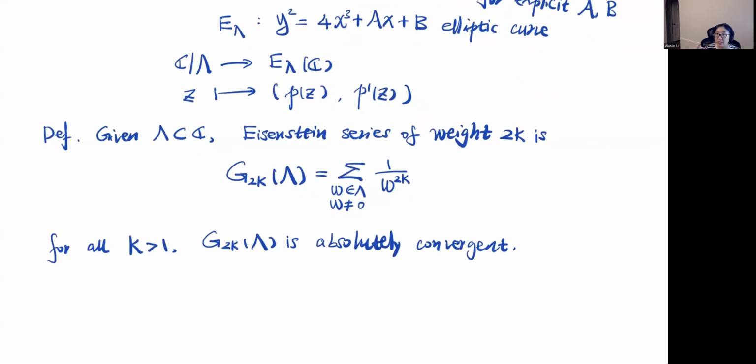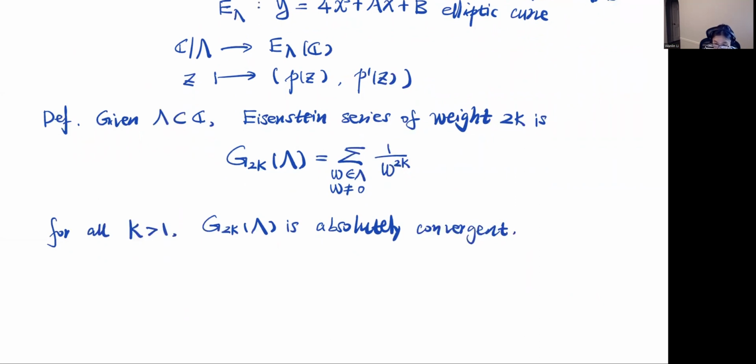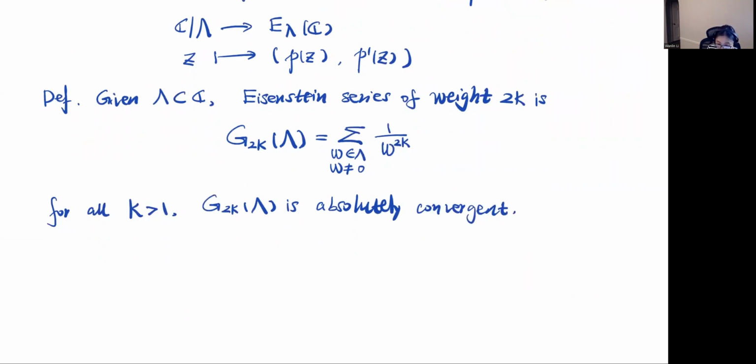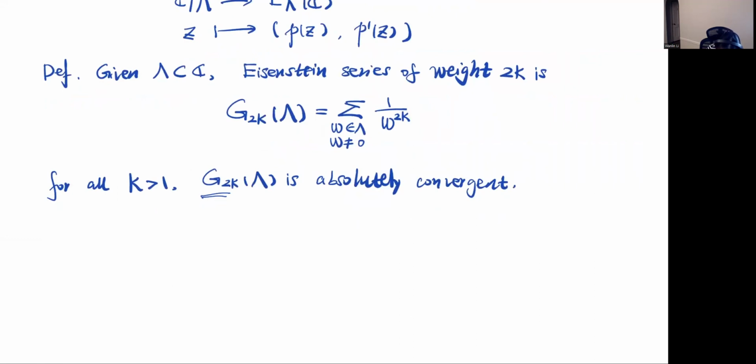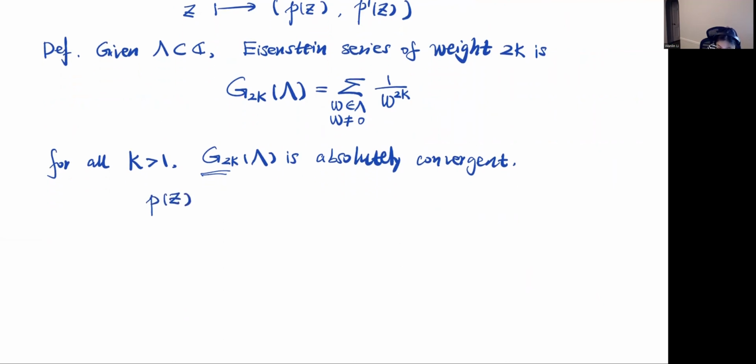It is just a constant associated with a lattice lambda, nothing complicated. Sometimes when we know what lambda is, we will denote this number by G 2k. So how is Eisenstein theory related to our functions? Well, if you go back to the definition of my Weierstrass P function, what we have is the Laurent series.